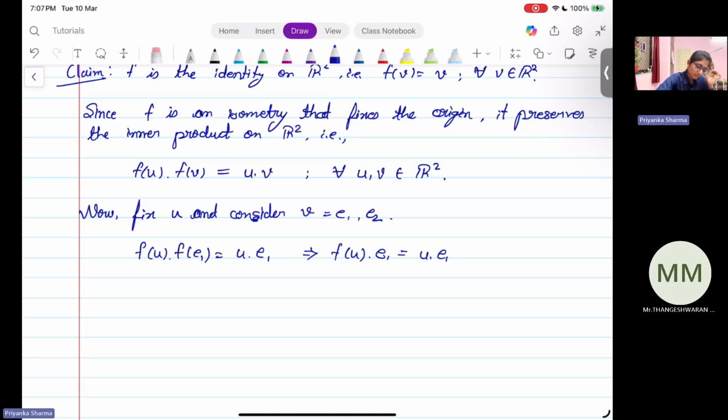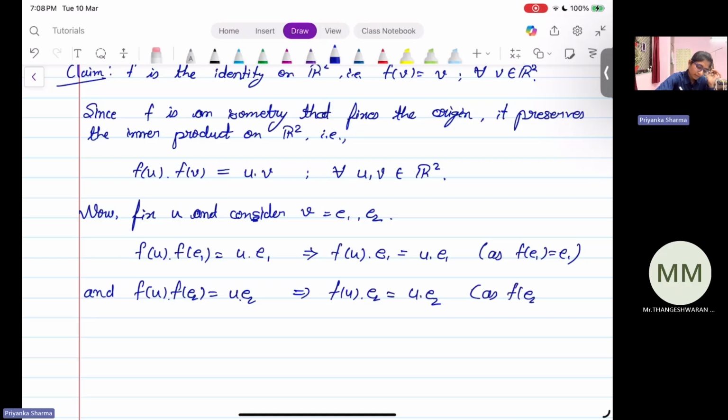Why? Because F e1 is e1. And similarly, Fu dot F e2 is u dot e2. So this gives Fu dot e2 equals u dot e2, because F fixes the second basis element e2 as well.